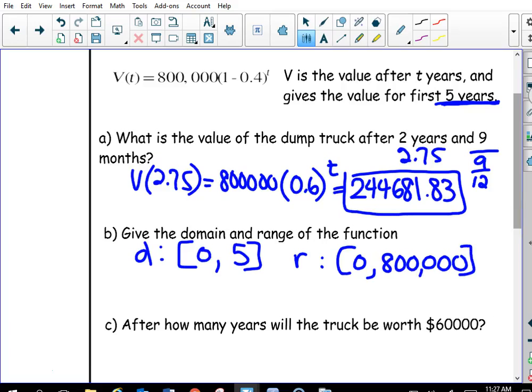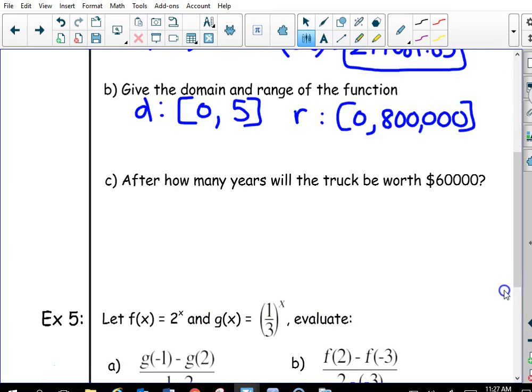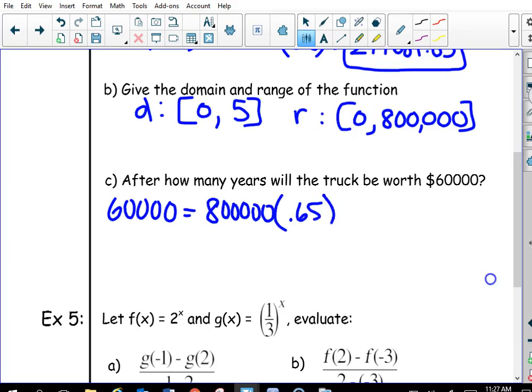And after how many years will the truck be worth 60,000? All right, well, we need a logarithm again. So we have to set up the equation, 60,000 equals 800,000 times 0.6 to the t. Get that base by itself.